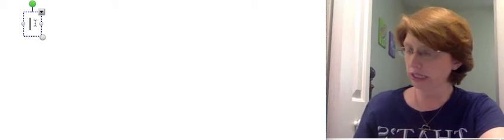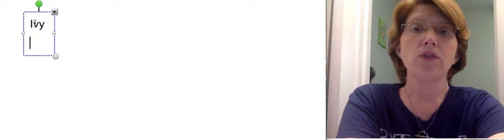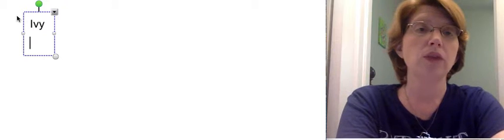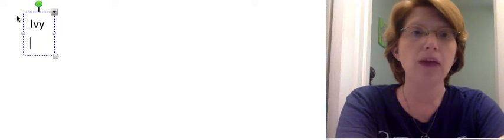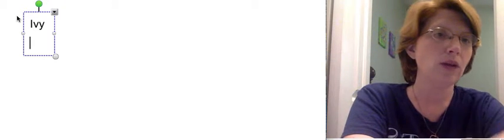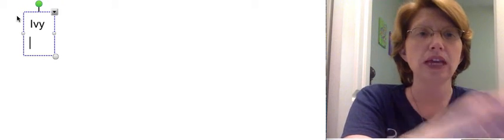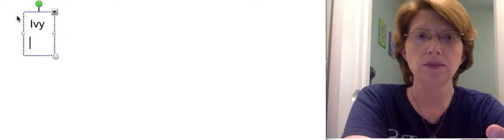So I thought for the first one we would do a person. So I chose Ivy from our book that we're reading in Echo. So I want you to think of 2 adjectives that would describe Ivy. Maybe in the way she acts or looks or things that she's done. 2 adjectives.